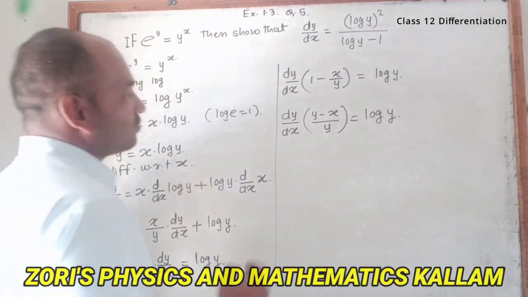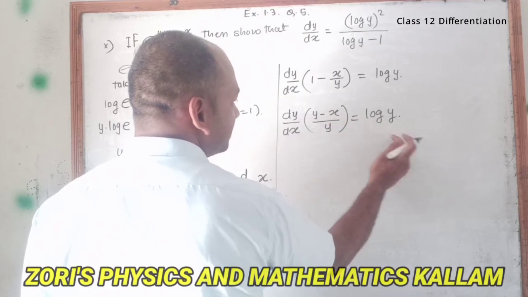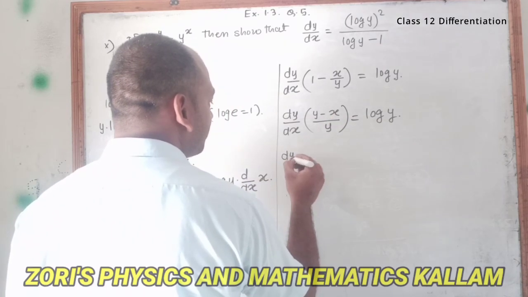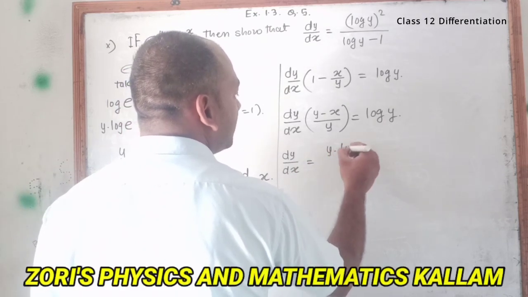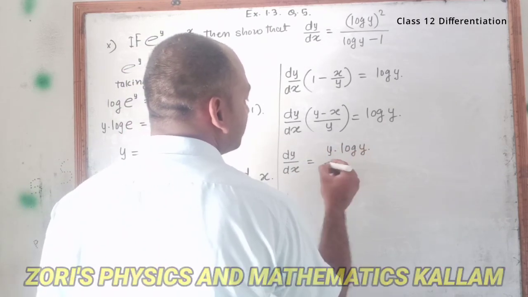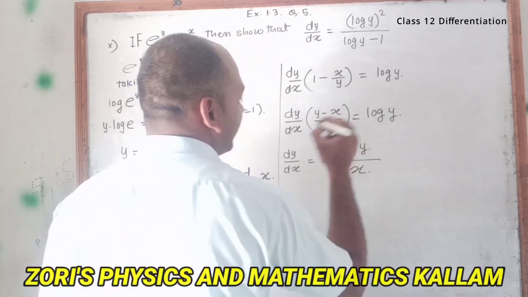After this, take this y in the multiplication and this y minus x in the denominator. So dy/dx is equal to y log y divided by y minus x.